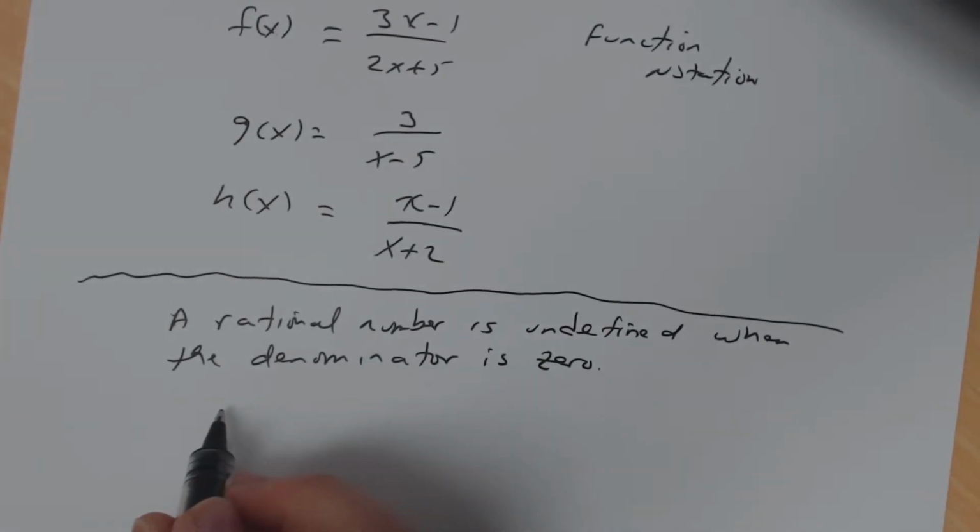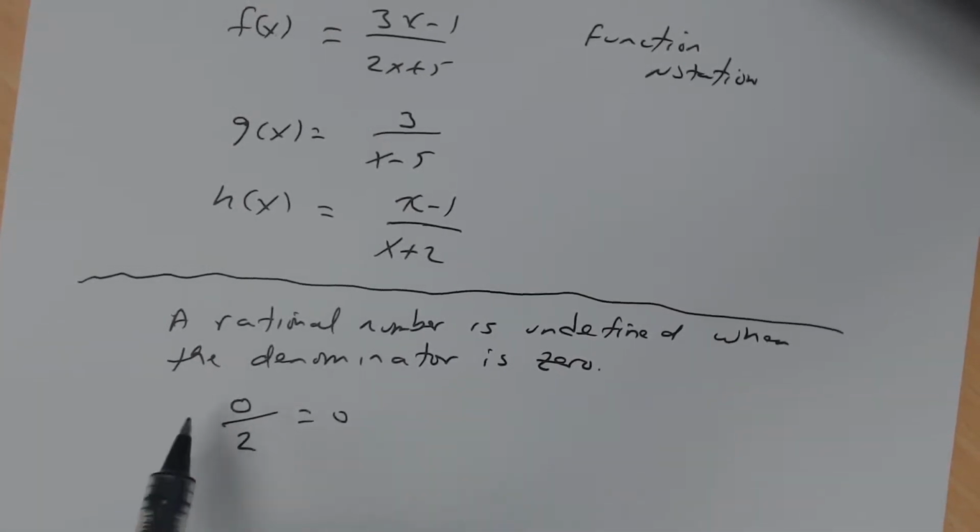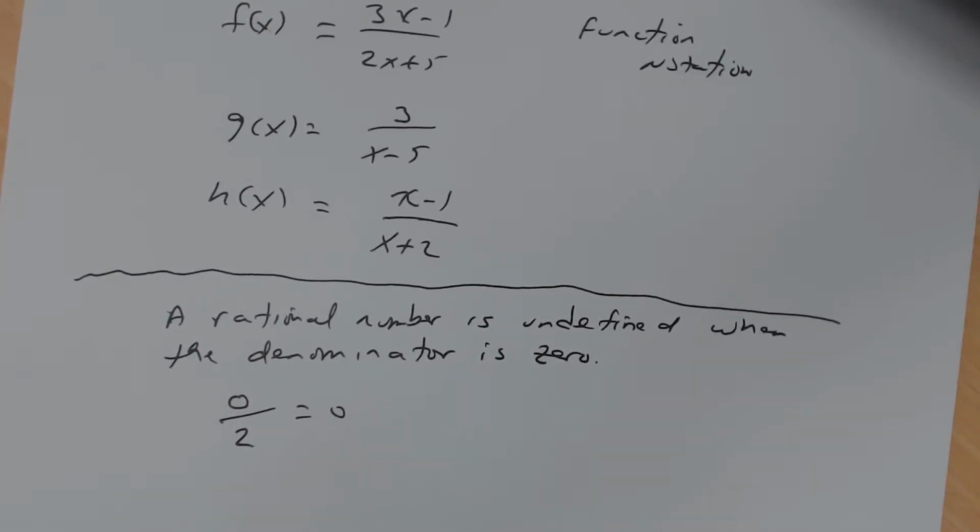So for example, 0 divided by 2 is 0. When the numerator is 0 and the denominator is a non-zero number, then that quotient is 0. But if you have 2 divided by 0, if that denominator is 0, then we say that quotient is undefined.